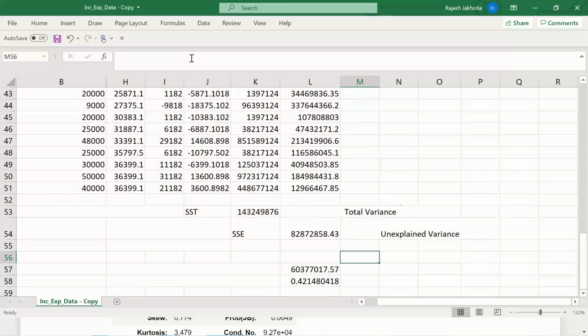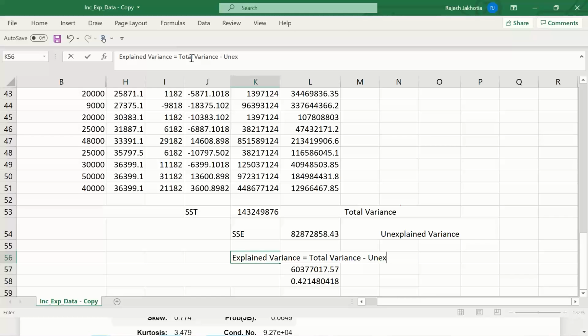Now, explained variance is equal to total variance minus unexplained variance. We can express the equation like this. So I can do this as a difference of this minus this.